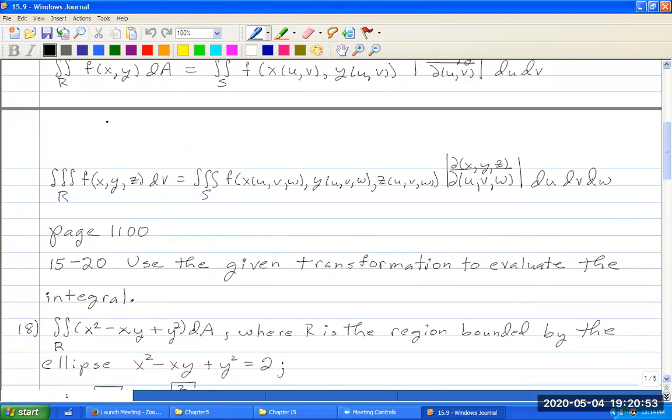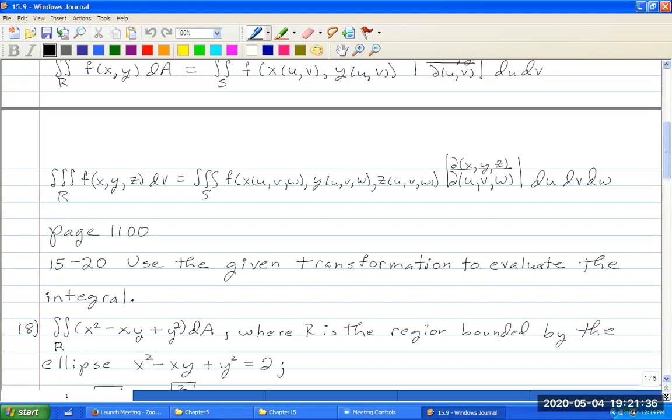So the triple integral of F over the region R is equal to the triple integral over S, where again, S is now in the UVW space, where F has the changed coordinates of the UVW coordinate system, times the absolute value of the Jacobian. So again, we have to multiply by the absolute value of the Jacobian.